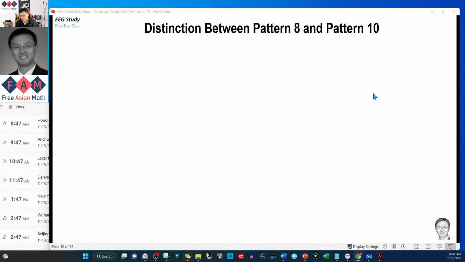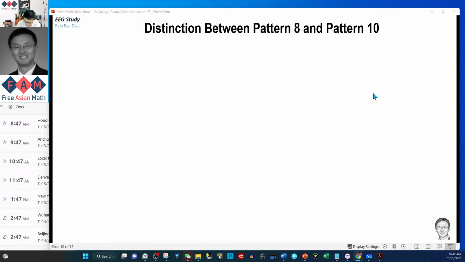So now let's discuss a little bit, and this could be confusing to someone. We will make a distinction between pattern number 8 and number 10. Recall what is number 8? We just discussed it today. Number 8, we have an indirect object to object. And number 10 is that we have a complement to the object.